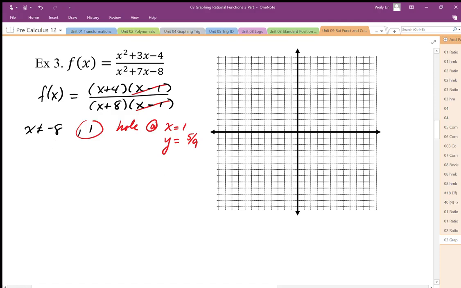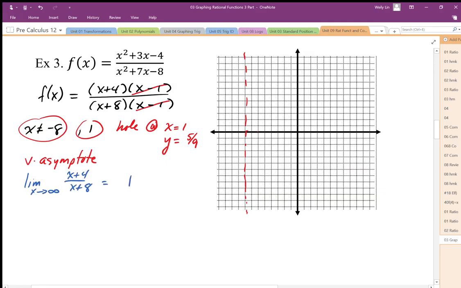This represents then my vertical asymptote. So I'm going to draw my vertical asymptote at -8, so 3, 6, 8. So at x equals -8, there's my vertical asymptote. I do my limit as x goes to infinity of x plus 4 over x plus 8.